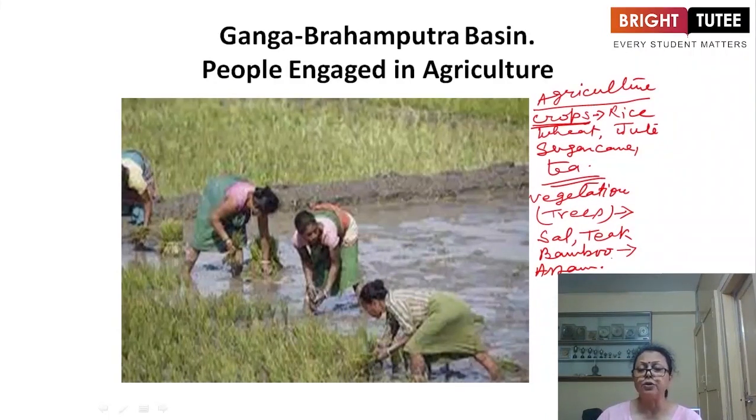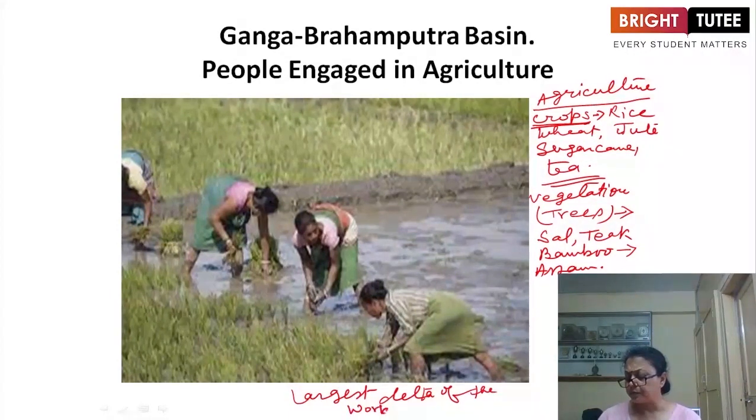Just now I told you that before merging into the Bay of Bengal, the Ganga and Brahmaputra join together and form the largest delta of the world, which is known as Sundarban Delta.